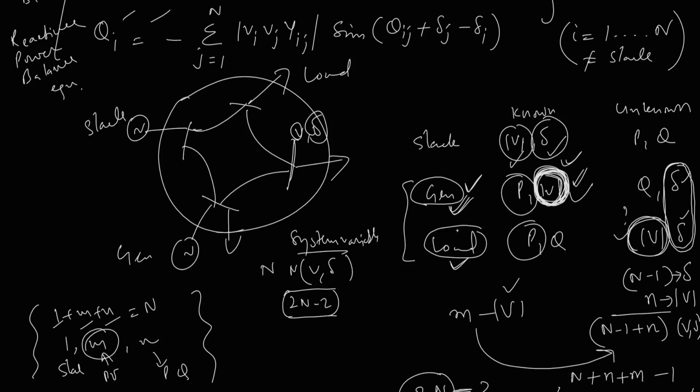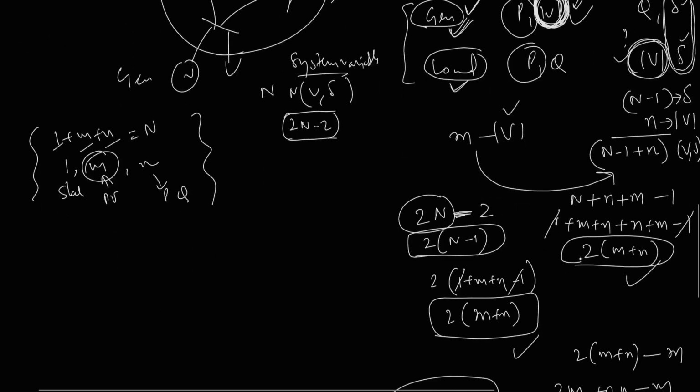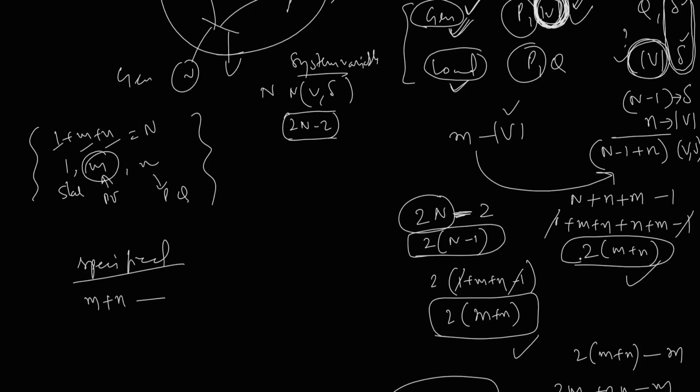At both generator buses as well as load buses. So the specified quantities are m number of generator buses plus n number of load buses. So at these many buses I have P specified.